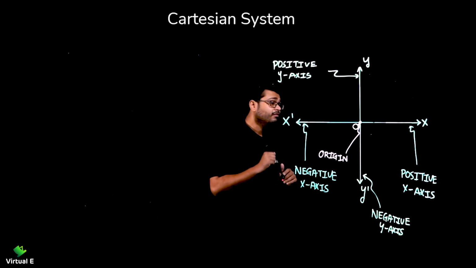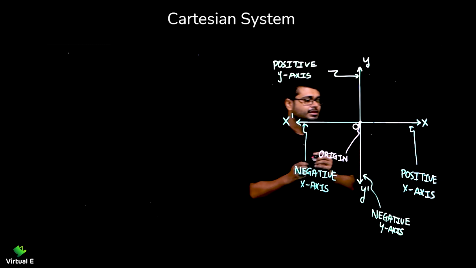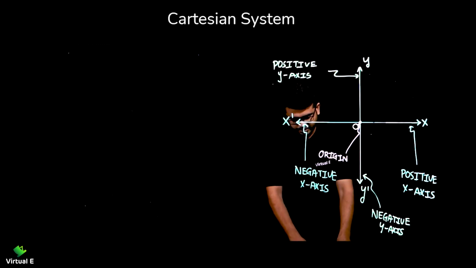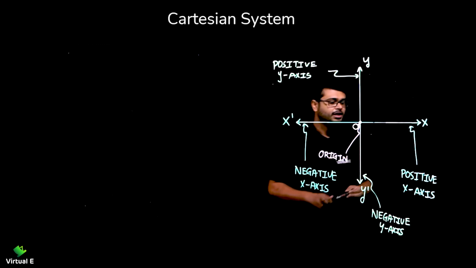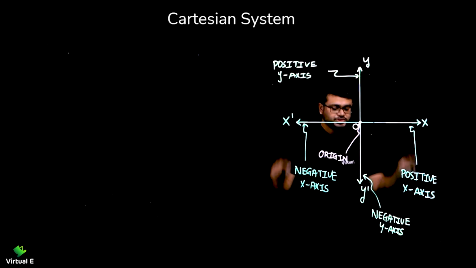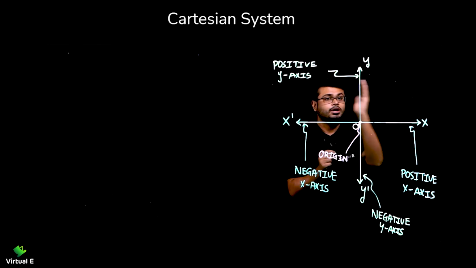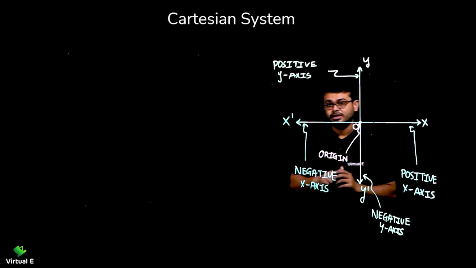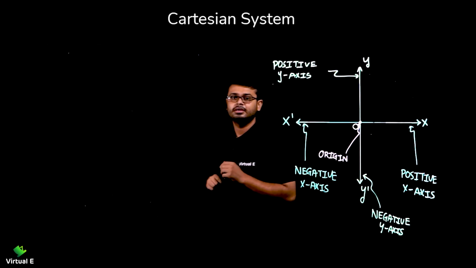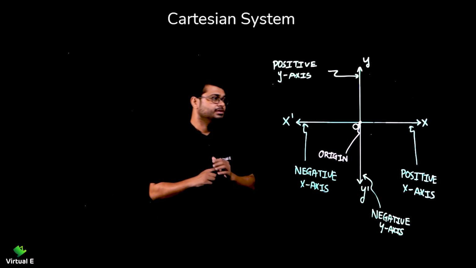Now one more thing we can see over here, that we have 4 different parts. Let's say this is a complete whole square. Now it has been divided into 4 equal parts, like 1, 2, 3, 4. That is called a quadrant. Remember, the word is quadrant.